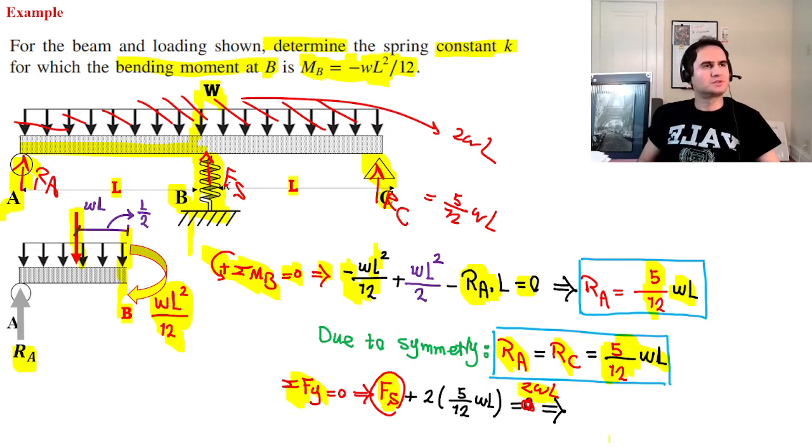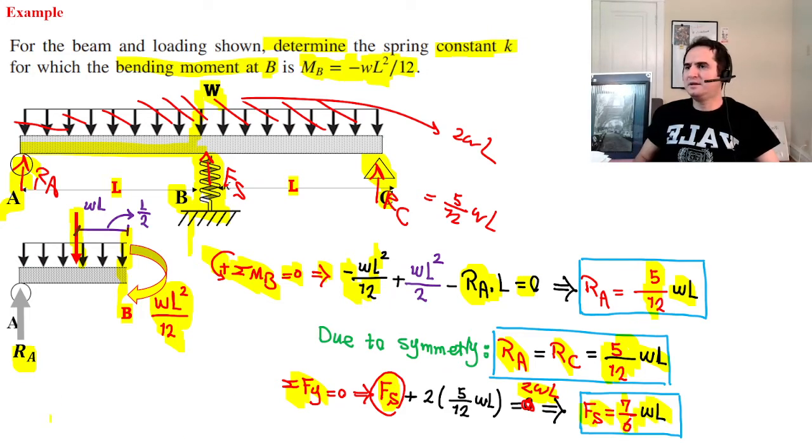If you do so, it gives you Fs, the force in the spring, is 7 over 6 WL. And again, in springs we have this relation to calculate the spring constant: Fs is equal to Ks times delta S. In our problem we are looking to calculate Ks.